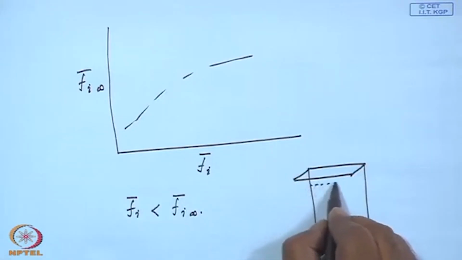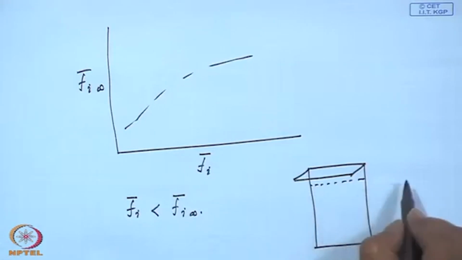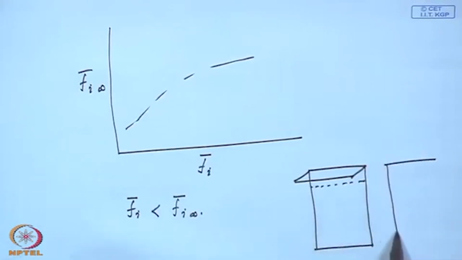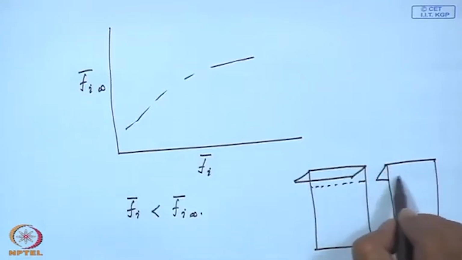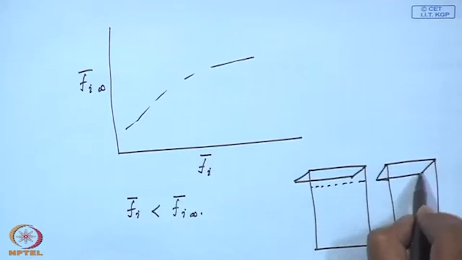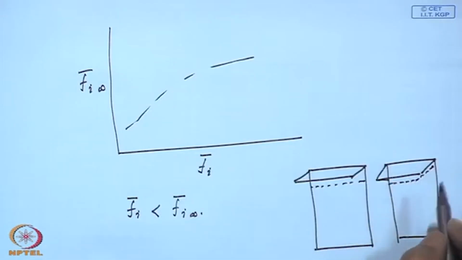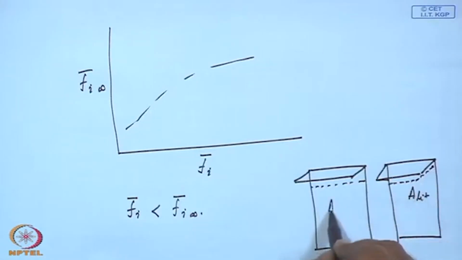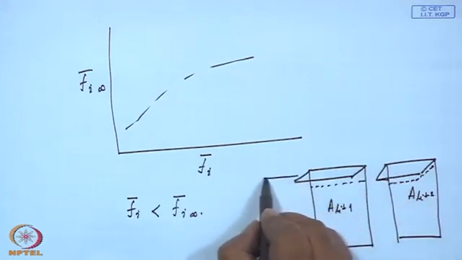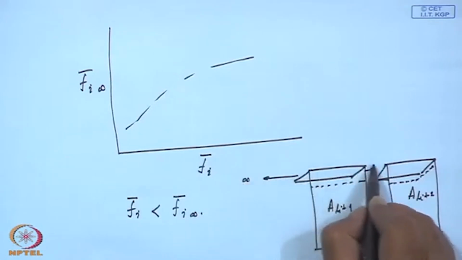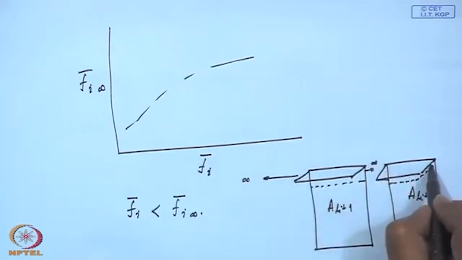So it may be rectangular or it may not be rectangular as shown over here. Nevertheless, this area A lit 1 and 2: this I will say infinity, and this is finite.